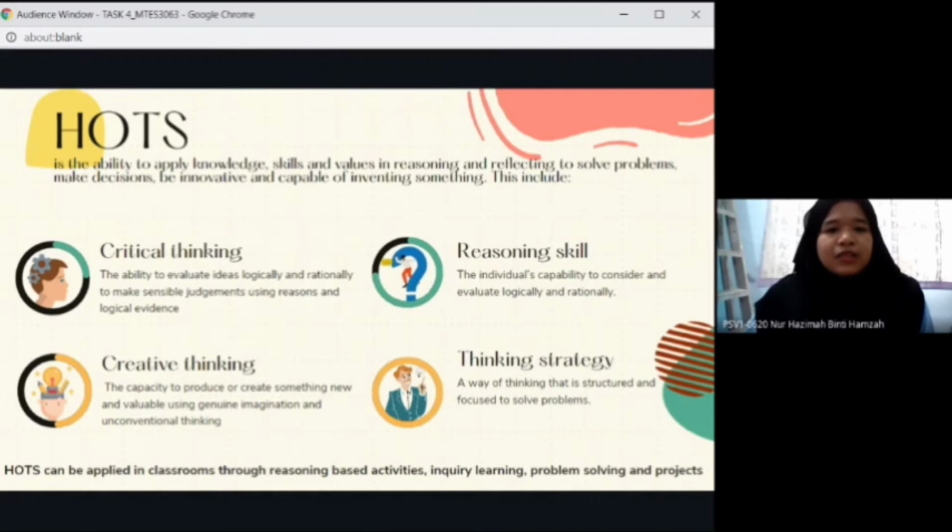And the last one is thinking strategy, which is a way of thinking that is structured and focused to solve problems. So HOTS can be applied in the classroom through reasoning-based activity, inquiry learning, problem solving, and projects.